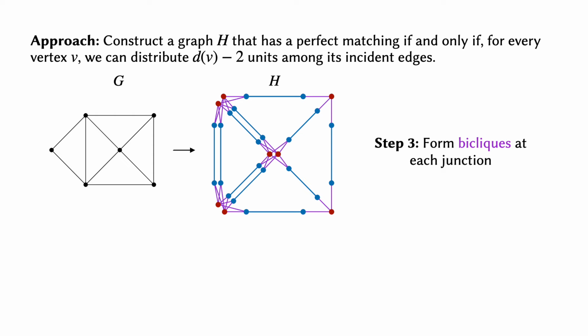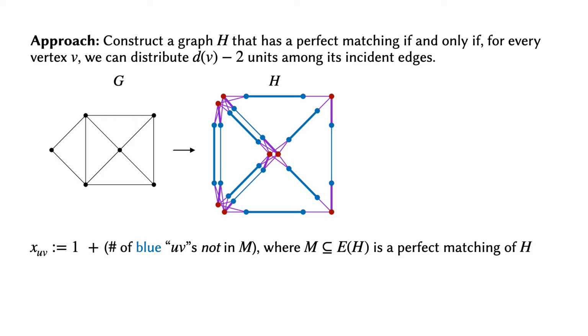Finally, we form bicliques at each junction connecting all the red vertices with all the blue vertices. The edges are shown in purple. We note that for each purple edge that is in the matching, and there needs to be dv minus 2 of them for each vertex v, it implies a blue edge that is incident to the junction that is not in the matching. So the idea is that we increment the count of the edge in G corresponding to that blue edge.